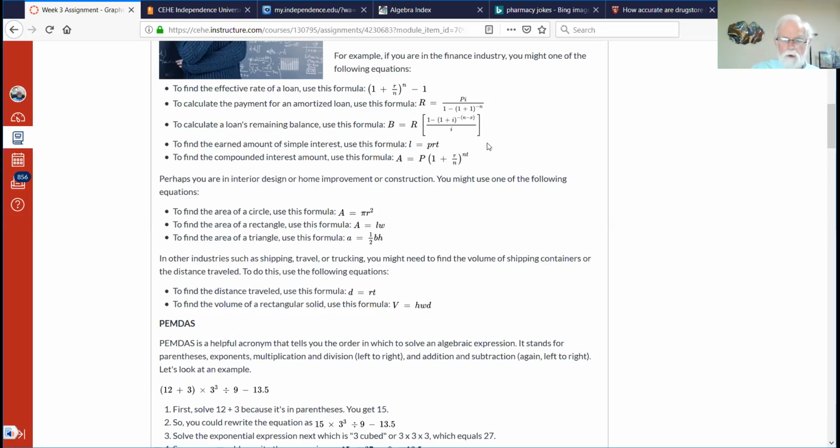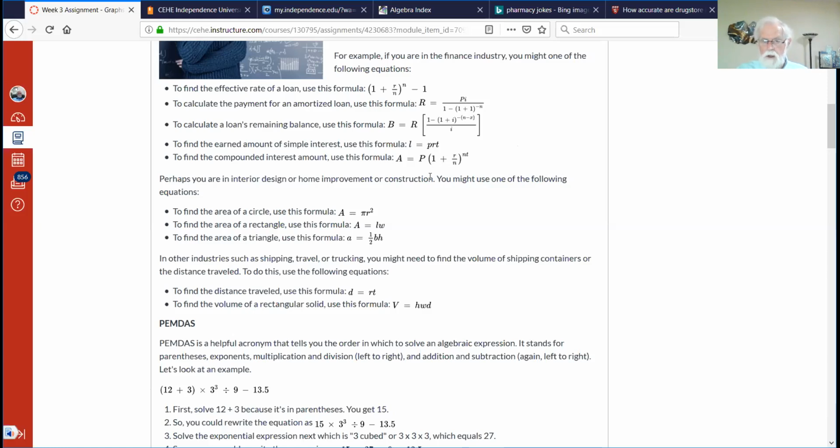We will assume that it's compounded on a fixed schedule. Many loans will compound daily, so then you have R over 365. And this is the number of payments, 365 days of the year. Yep, 365 days of the year. Gotcha. So the R here is the annual rate.